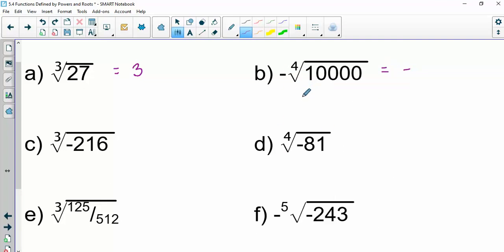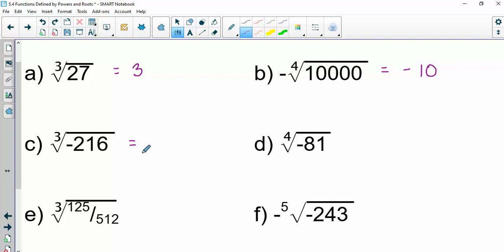The 4th root of 10,000. Do you guys know how to do 4th roots on your calculator? Yep. You go into the math menu. The cube root of negative 216. Well, why don't you guys grab a calculator and then check it for me then.